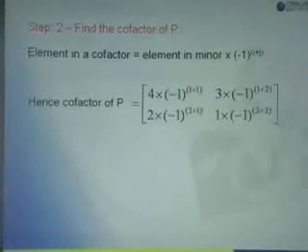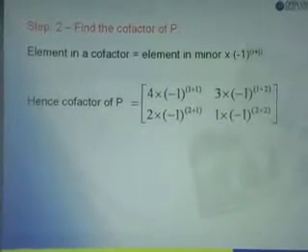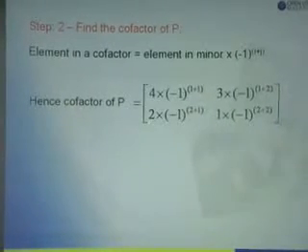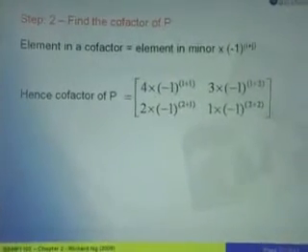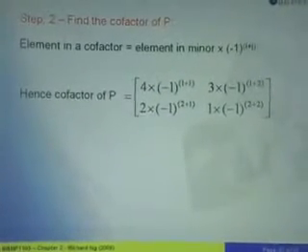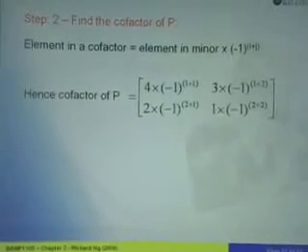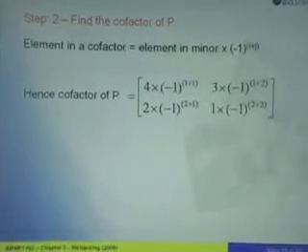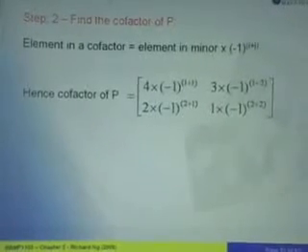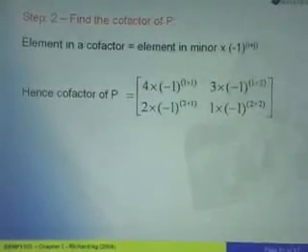So 3 times -1 to the power of row 1 plus column 2. And the third element, 2 times -1 to the power, this is row 2, column 1, so we have 2 plus 1. And finally we have 1 times -1 to the power, this element is at row 2, column 2, so we put 2 plus 2.